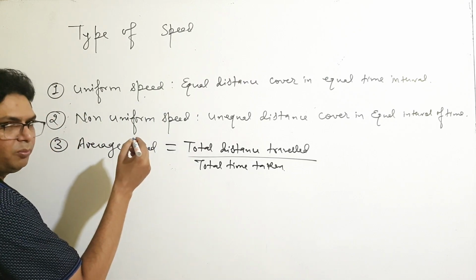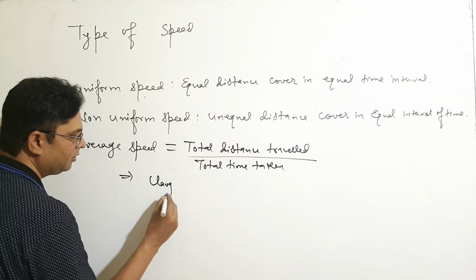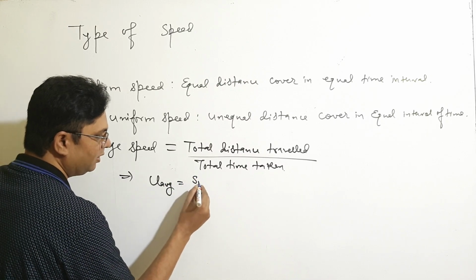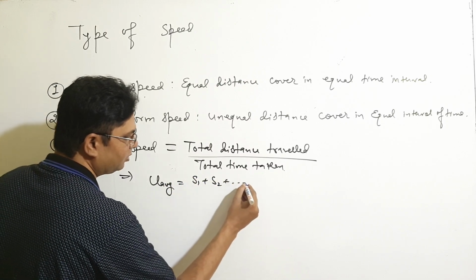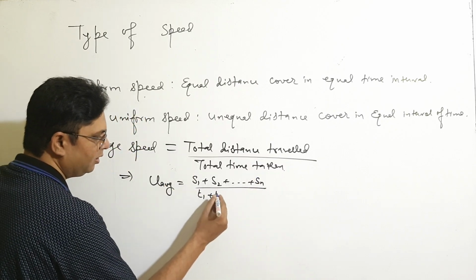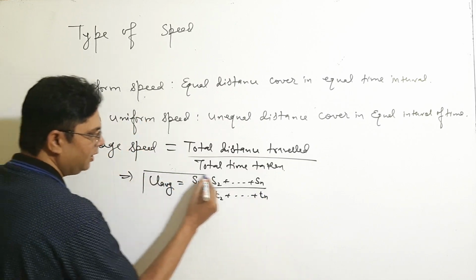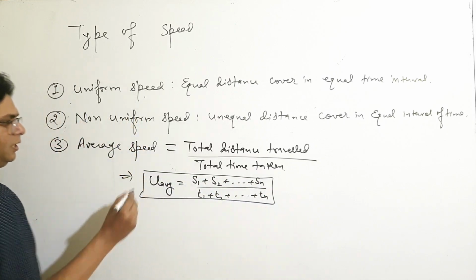So in equation form you can write like this: U average is equal to S1 plus S2 dot dot plus Sn upon T1 plus T2 dot dot plus Tn. This is said to be average speed.